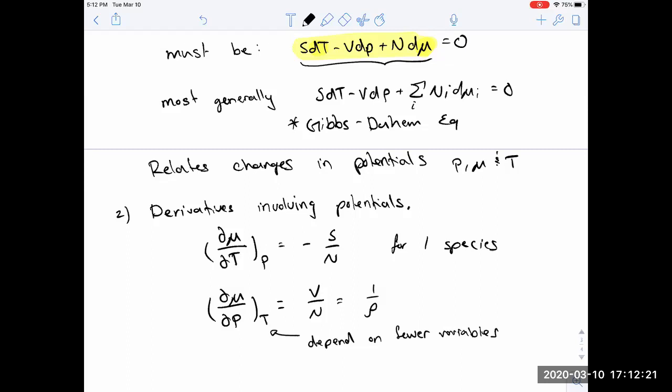Usually, when we looked at things like the first law or auxiliary functions, we had to keep a number of things constant as we ask for how one object changed relative to the other. Now, for example, how the chemical potential changes with pressure, we just have to keep one additional quantity constant, the temperature. This is because the Gibbs-Duhem equation essentially has gotten rid of the scale of the system.